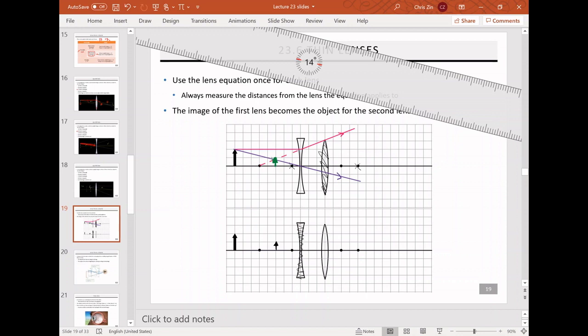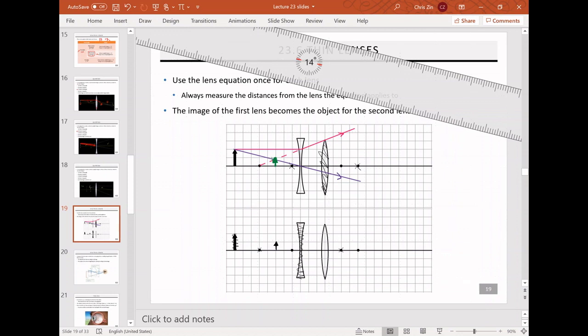We've already found the effect of the diverging lens, so we can now ignore it. The original object, we've already dealt with that, so we can ignore that. We can ignore the focal points for the diverging lens, and we're left now with an object, the converging lens, and the two focal points for the converging lens.